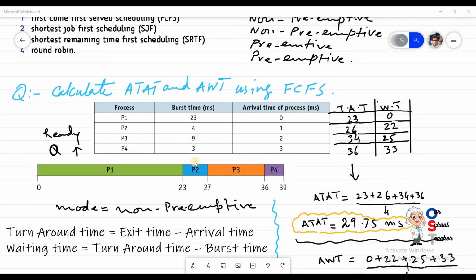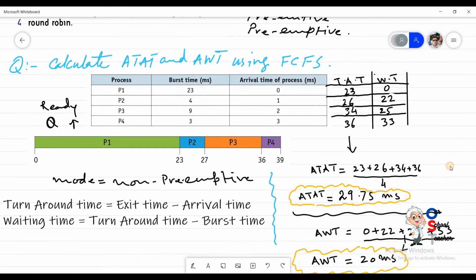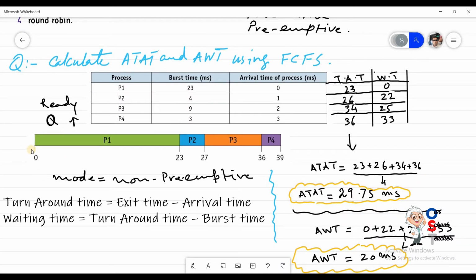So now we have to use formulas. As I have told you about the formula, we can draw this Gantt chart. As you can see that it is starting from 0 time, and at 0 time the process 1 has come to take CPU time, and CPU time is served to it, and it takes 23 milliseconds for completion.